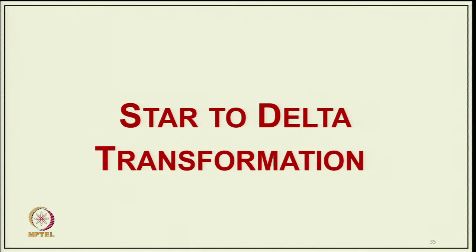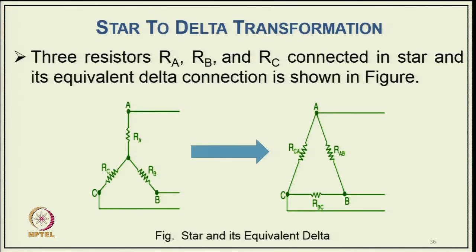Now we go to the reverse transformation, star to delta transformation, because you can have a star network connection and you want to get the equivalent value of the delta connection. Here three resistances RA, RB and RC are connected in star, and its equivalent delta connection is shown in this figure.